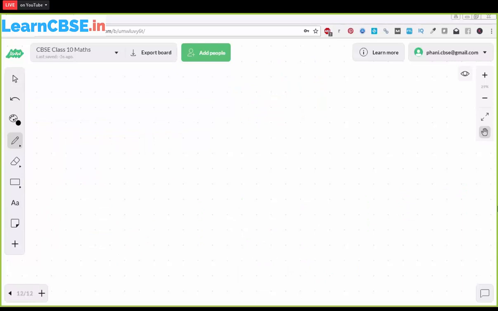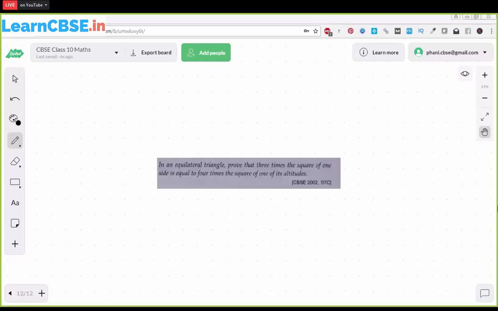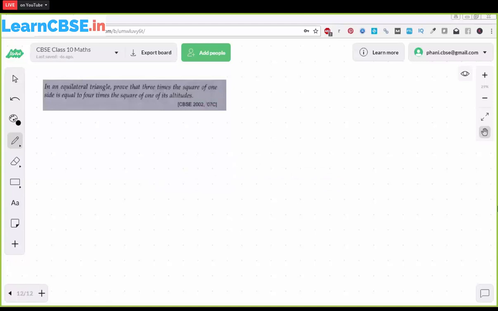Next question given. In an equilateral triangle, prove that 3 times the square of one side equals 4 times the square of one of its altitudes.